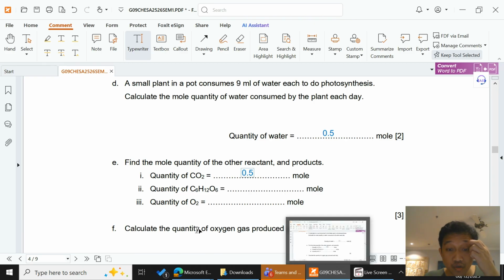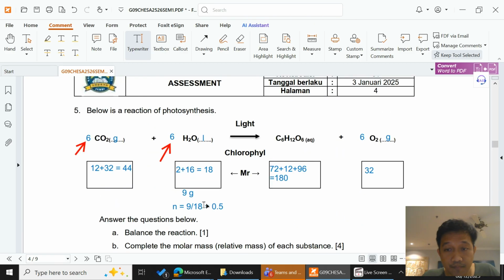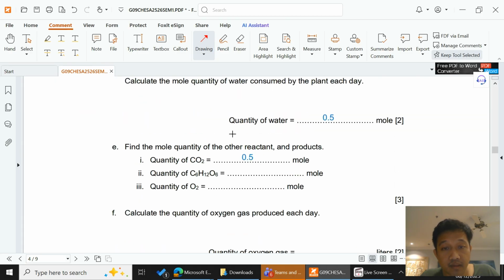Now let's compare with the oxygen. Look at this, oxygen also has 6 during the reaction. That means the amount of mole of H2O is equal to the amount of mole of the oxygen. That means it is the same, 0.5 mole.